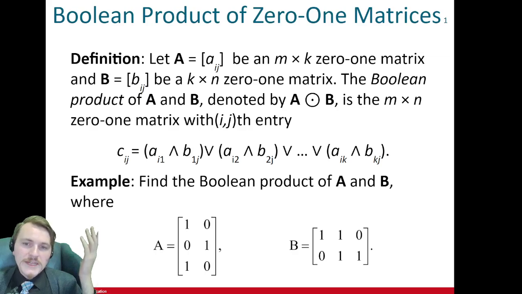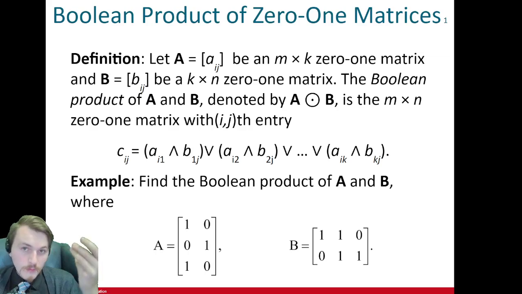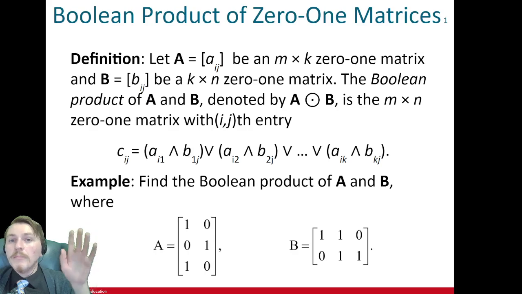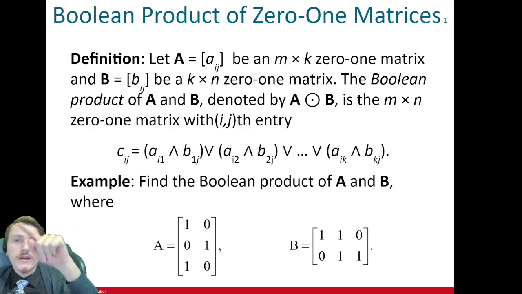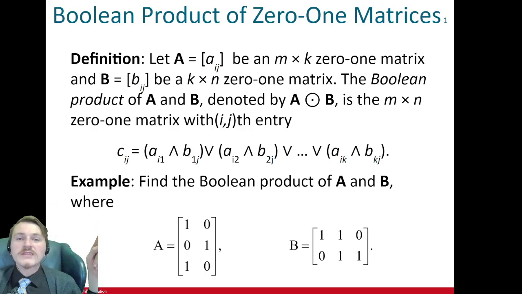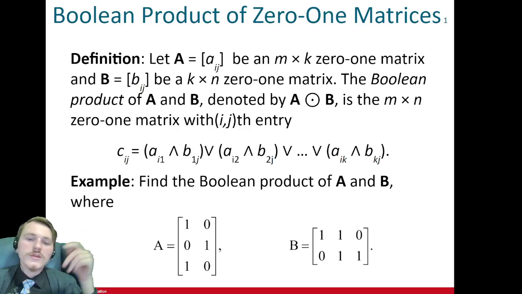You need 0-1 matrices. How do you do it? Don't get too hung up on it. It's the same rules that you have for normal multiplication for matrices. The same rows and columns, the same resulting size, everything's the same. You know how you would do the first item of the first row times the first item of the first column, plus the second item of the first row times the second item of the first column, and so on, right?